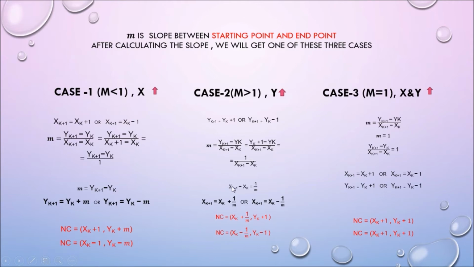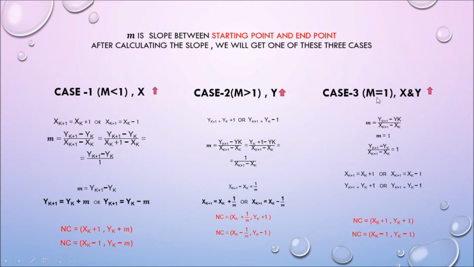So our equation will be xk plus 1 minus xk equals 1 divided by m. So here xk plus 1 is our next coordinate. Next coordinate of x will be current coordinate of x plus 1 divided by m. In the second case, when slope is more than 1, next coordinate will be xk plus 1 divided by m, yk plus 1.